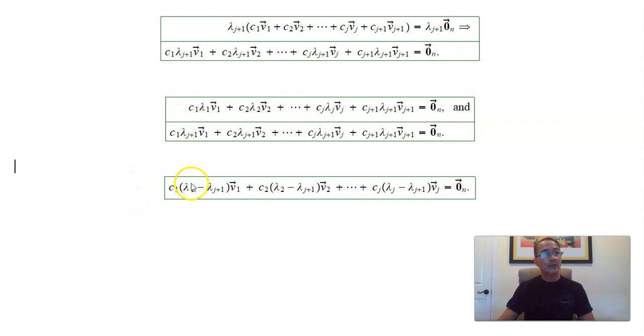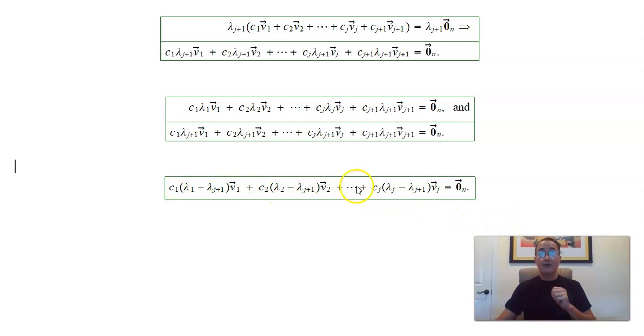We have a common factor of c1, and lambda 1 minus lambda j+1 as the common factor of v1. Similarly for v2, we have c2 as common factor and lambda 2 minus lambda j+1, and so on. The last term cancels out. So the last surviving vector is vj, and the coefficient is cj times lambda j minus lambda j+1. Now we can use the induction hypothesis.